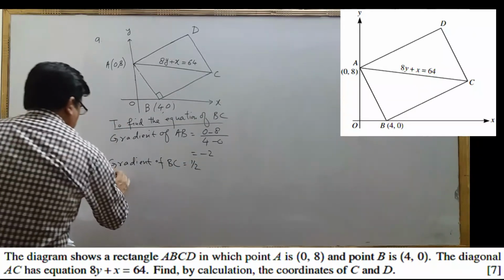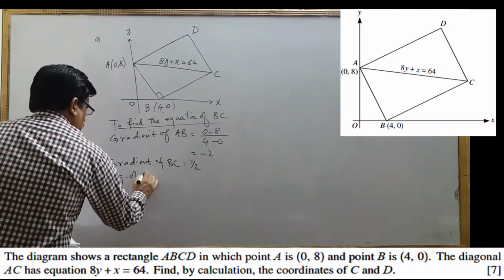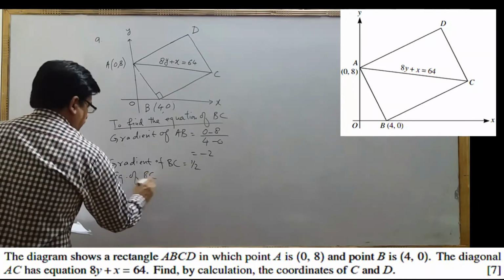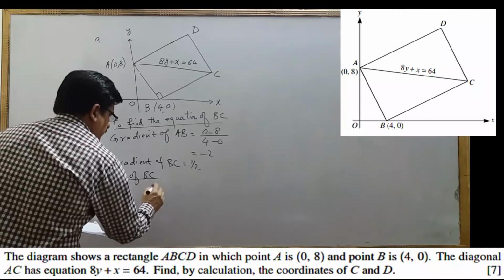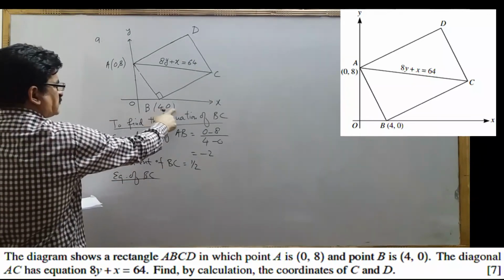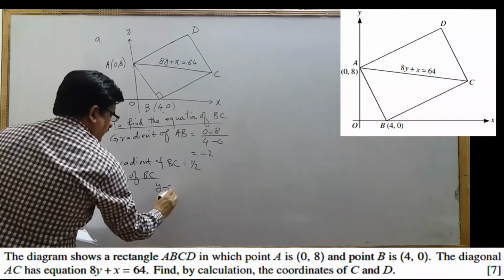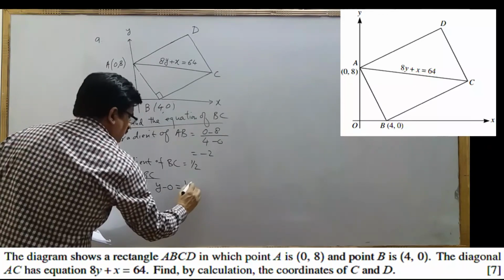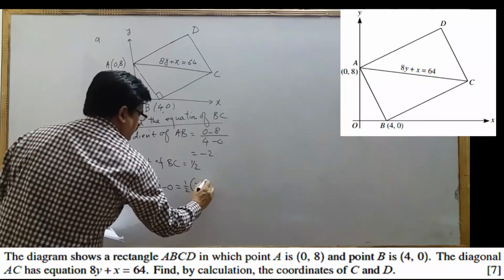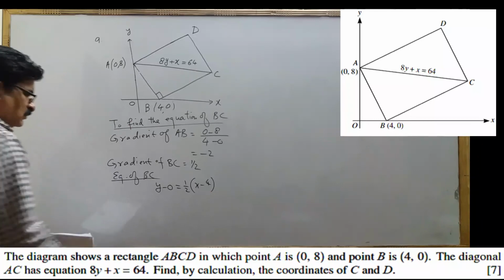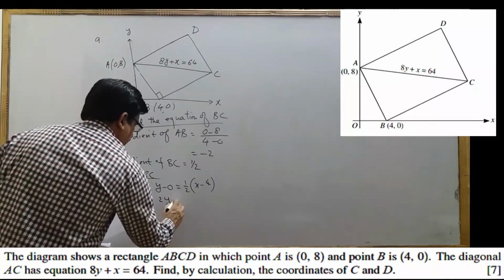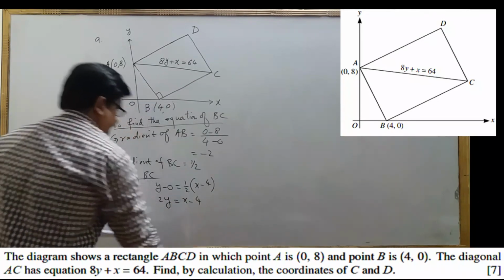Then we have the equation of the BC line. Using this point as (x1, y1), y minus 0 equals 1 over 2 into x minus 4. We can write this equation as 2y equal to x minus 4.